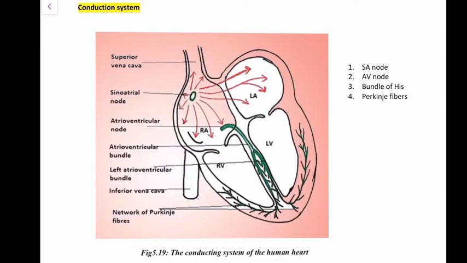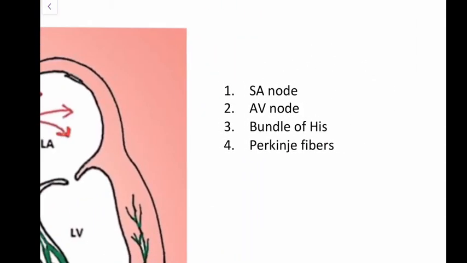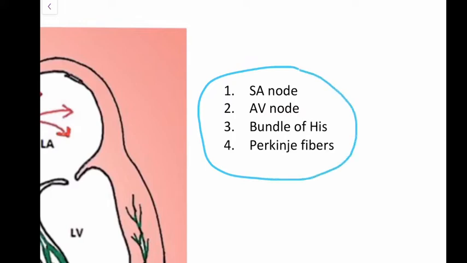So in the conduction system there are mainly 4 components. We have the SA node, sinoatrial node, AV node, atrioventricular node, the bundle of His, and then the Purkinje fibers.